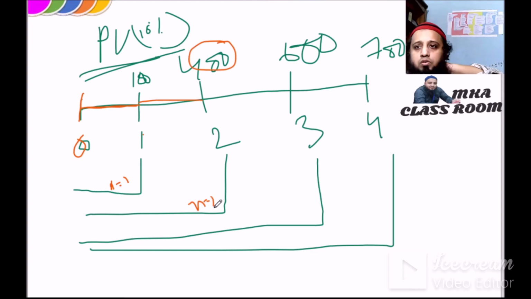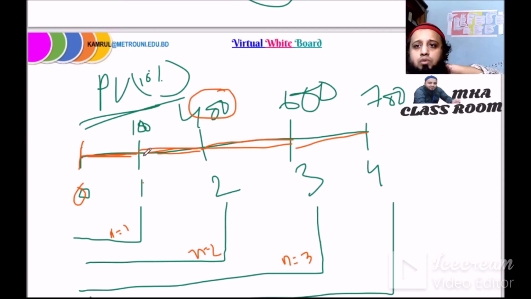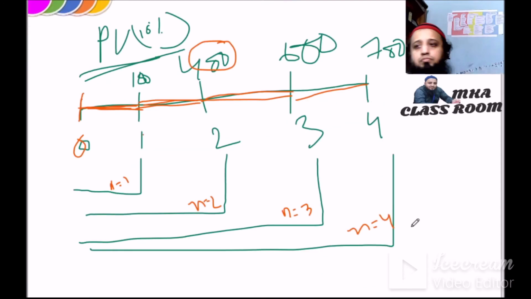Then 600 carries 3 periods, n equals 3. 700 carries 4 to 3, 3 to 2, 2 to 1 and 1 to 0, n equals 4. Then the value of n is very clear to us.